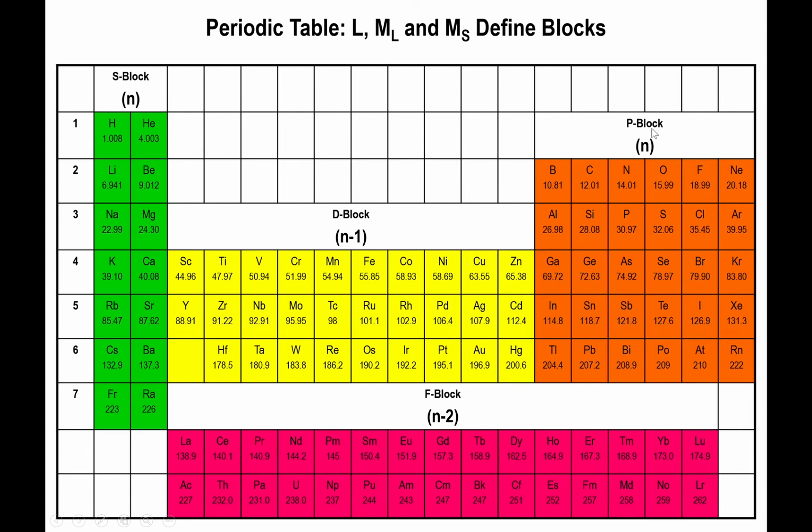As the name implies, the last orbital present in this type of element is the p orbital. Much like the s orbital, the number in front of the p is literally the number of the row in which the element is located. So oxygen is in the second row, so the last orbital that it will contain will be the 2p orbital.